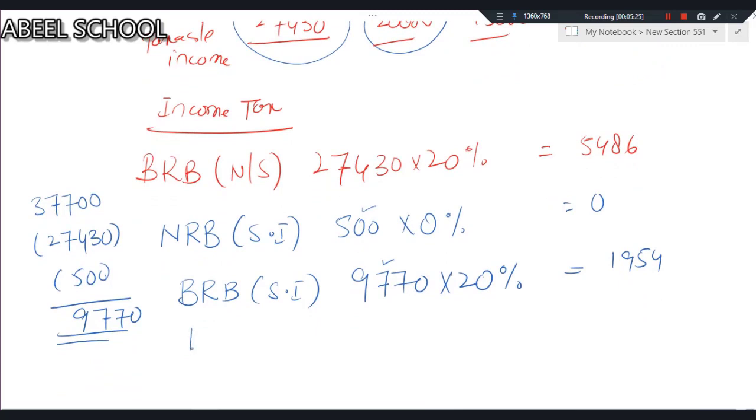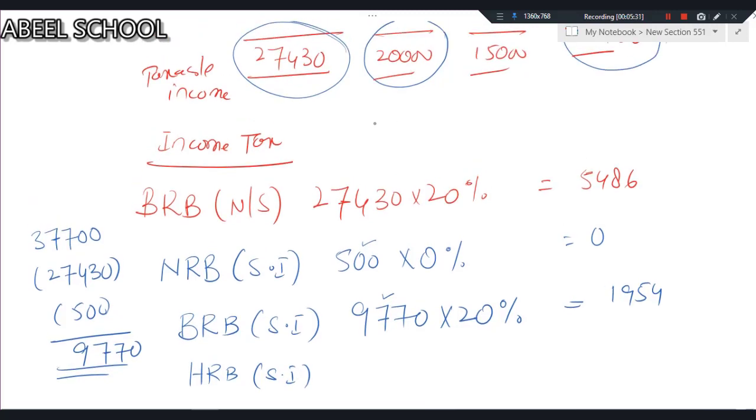So now higher rate band, saving income. Out of 20,000 saving income, we have already taxed 500 in the nil rate band and 9,770 in the basic rate band. So the remaining amount of saving income obviously falls in the higher rate band.